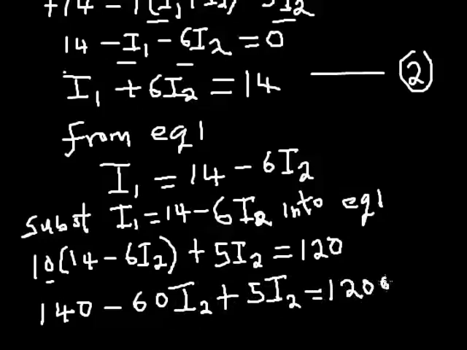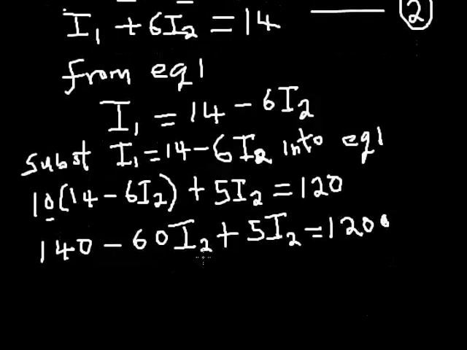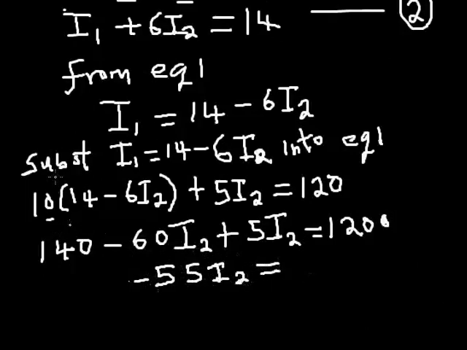Now minus 60I2 plus 5I2 will give me minus 55I2. If I take this to the other side, that's going to be 120 minus 140.